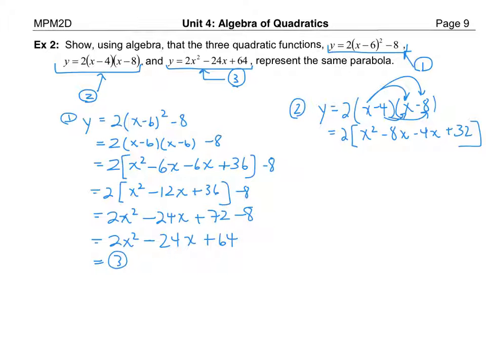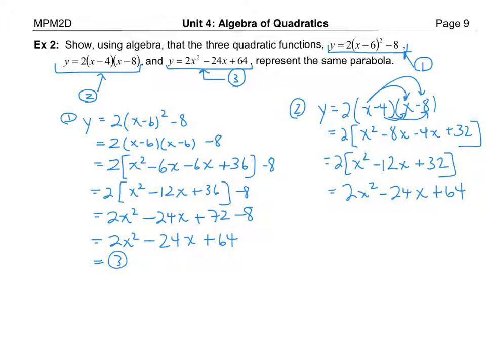Close the bracket. If I simplify inside the bracket, I'm going to have an x squared, a minus 12x, and plus 32. And then multiply the 2 through, I'm going to have 2x squared minus 24x. Two groups of 32 would be 64, so plus 64.